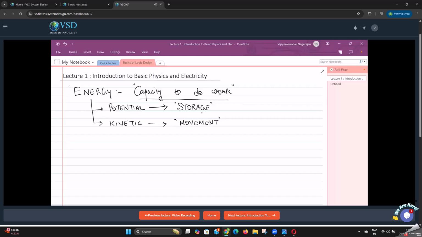For example, stored water. Water stored in a dam has potential energy. This is what we studied in physics, correct? This is movement, moving water.